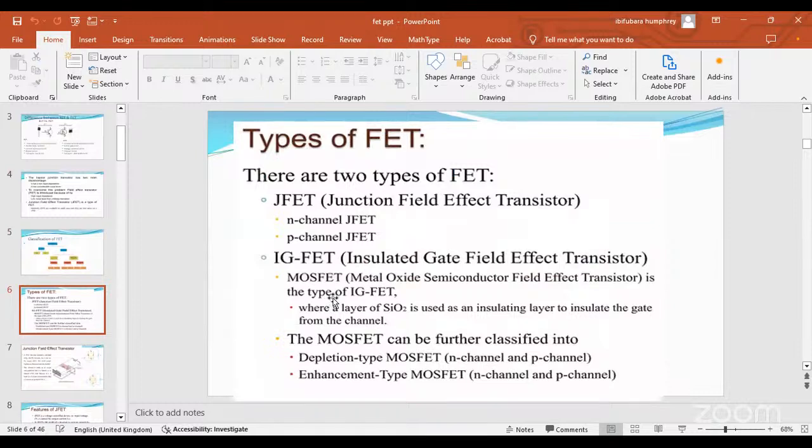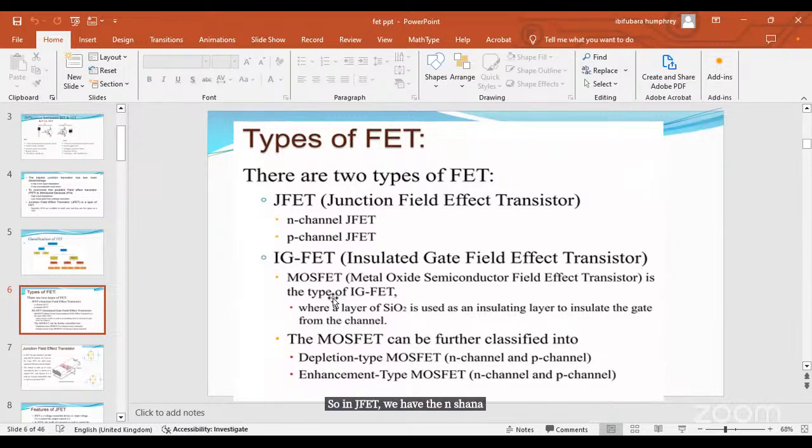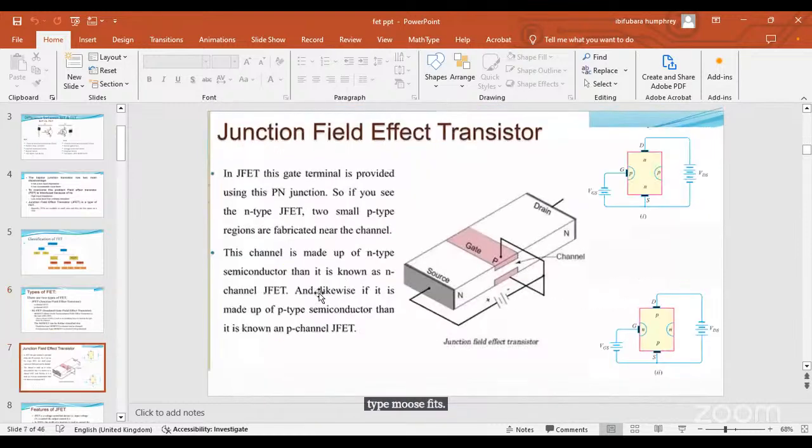We've talked about this briefly, but there are two types of FET, which I've mentioned before: JFET and MOSFET. In JFET, we have the N channel and the P channel. In MOSFET, we have the depletion type MOSFET and the enhancement type MOSFET. On the right side, you see the N channel JFET, and below you see the P channel JFET.